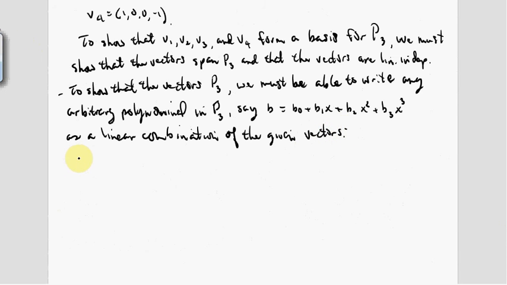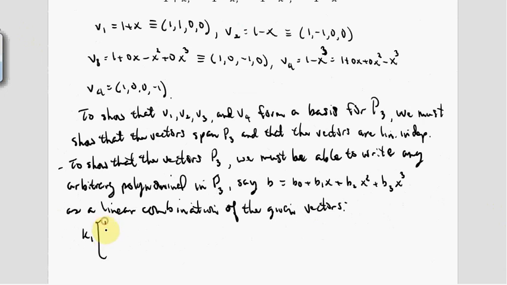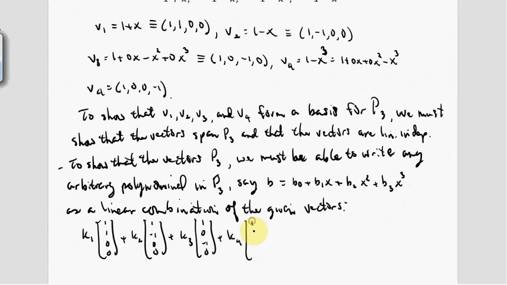So what we have then is some k1 times v1, which is 1, 1, 0, 0, plus k2 times v2, which is 1, negative 1, 0, 0, plus k3 times v3, 1, 0, negative 1, 0, plus k4 times 1, 0, 0, negative 1, is equal to this polynomial b naught, b1, b sub 2, and b sub 3.